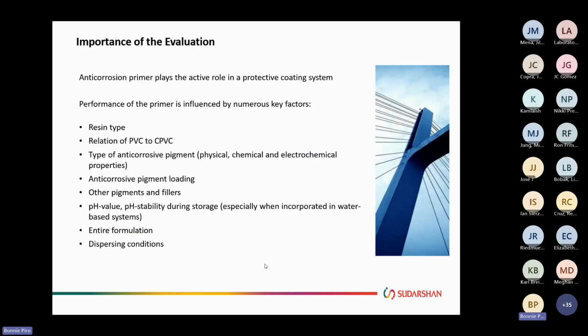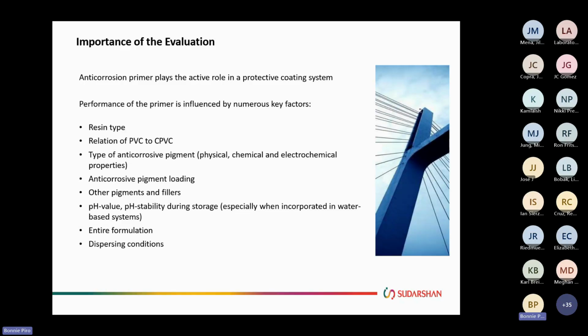As far as the evaluation, the other things that are key to a good evaluation is to know the resin type that it's going into. I did mention the PVC and the CPVC values. These are very highly loaded formulations, and it's good to understand where that is.